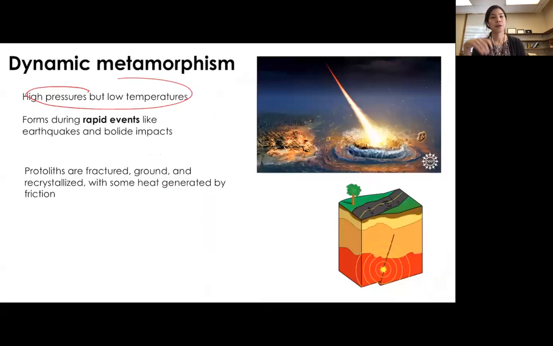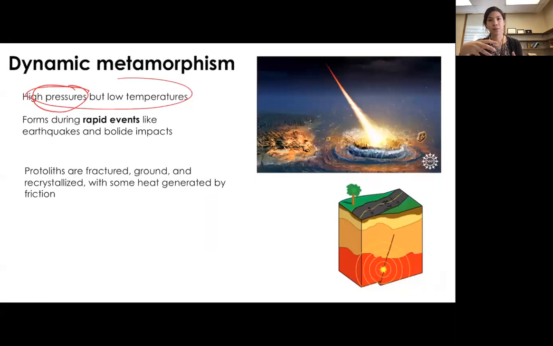This occurs through extremely rapid events, things that will very quickly increase pressures, but for such a small amount of time that temperature does not have any time to respond. So this occurs through things like bolide impacts, which you can see in the upper right here, or earthquakes, where we have a lot of pressure between the plates, they suddenly slip, but that occurs at such a rapid scale that there is no time for any temperature diffusion.